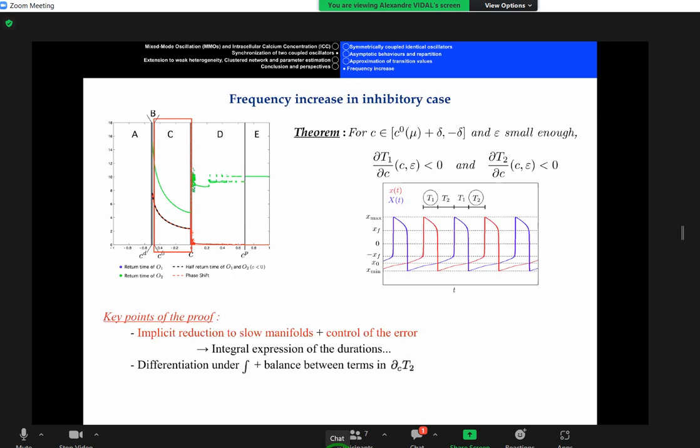The key point of the proof is based on the implicit reduction to the slow manifold, as I explained at the very beginning.